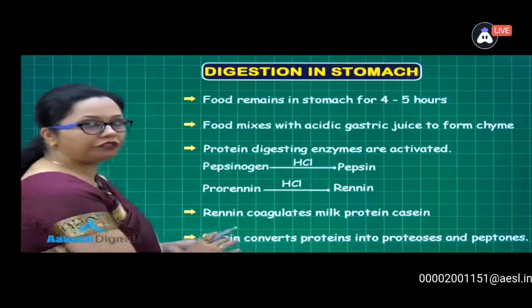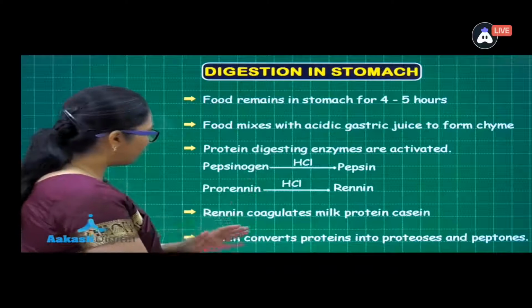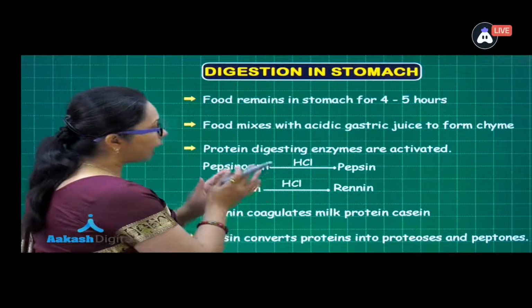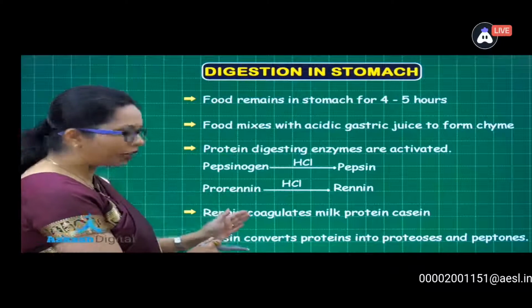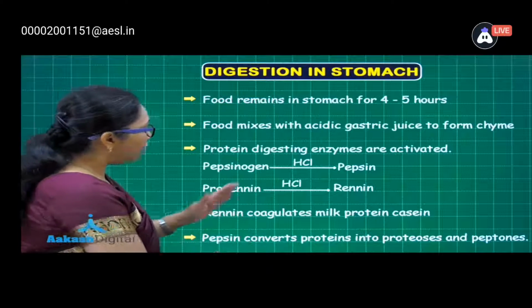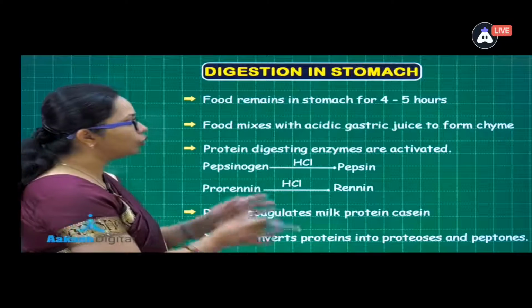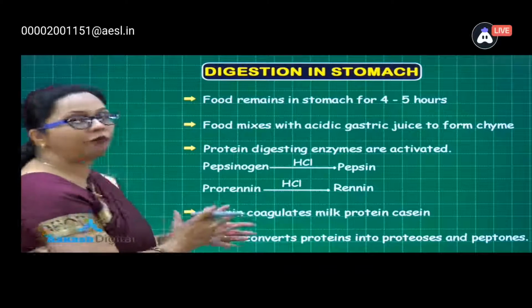Renin is highly specific on which type of protein it acts, and that is the milk protein casein. So the digestion of the milk protein begins because of the action of renin, then it will be further hydrolyzed by pepsin. And pepsin converts proteins into smaller peptides which are termed proteoses and peptones.